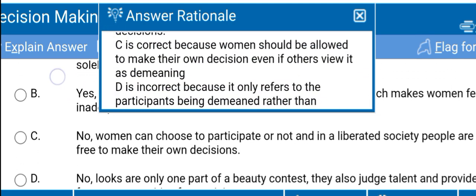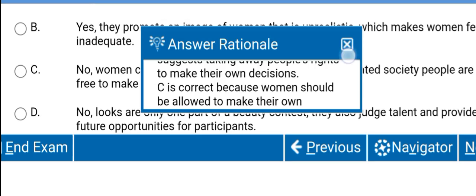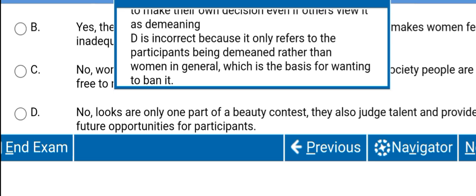Option C is correct because women should be allowed to make their own decision even if others view it as demeaning. And option D is incorrect because it only refers to the participant being demeaned rather than women in general, which is the basis for wanting to ban it.